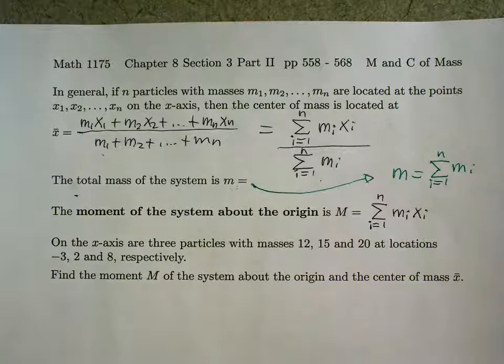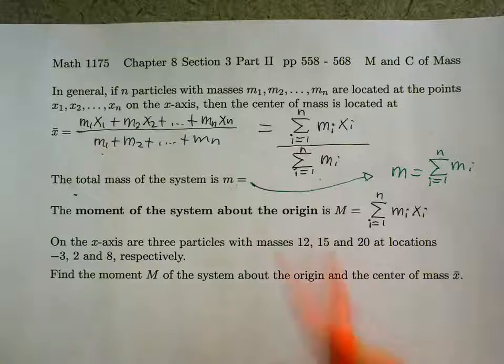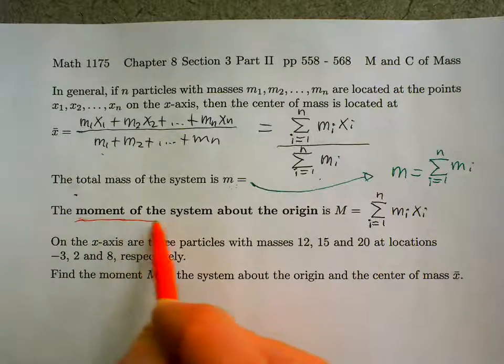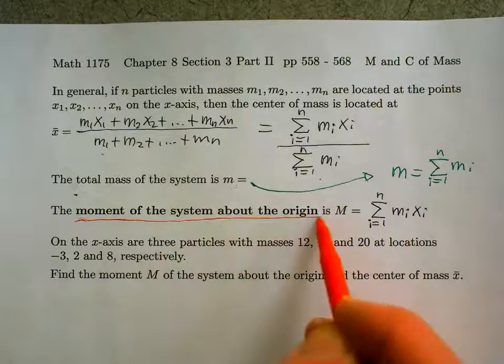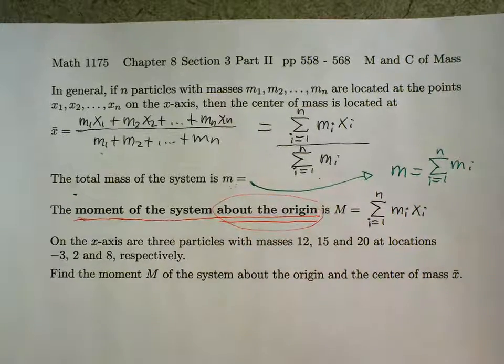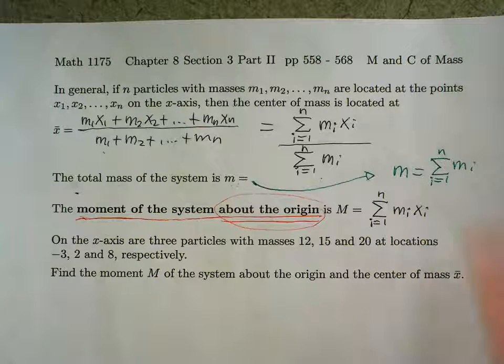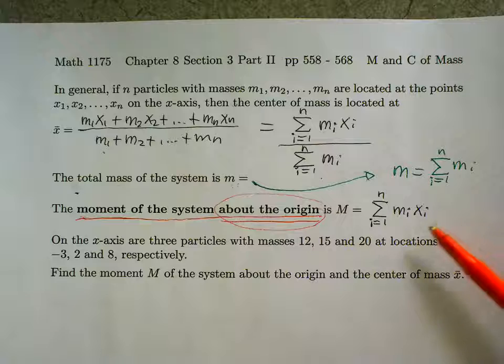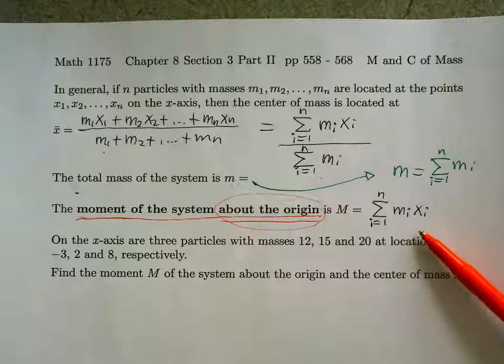Something that might be helpful later on is to observe that this is referred to as the moment of the system about the origin. So each one of those positions, x sub i, indicates how far the point is from the origin, how far it is from x equals 0.